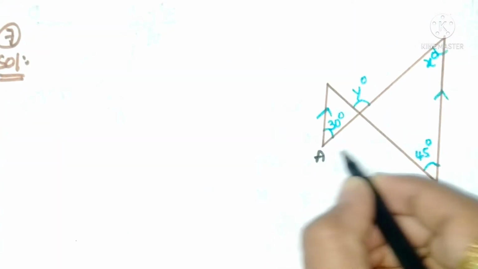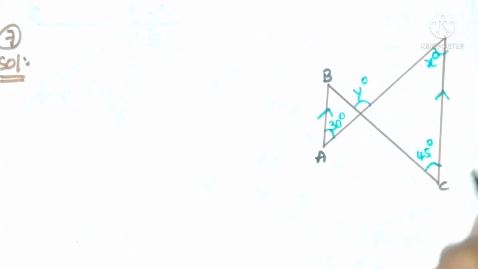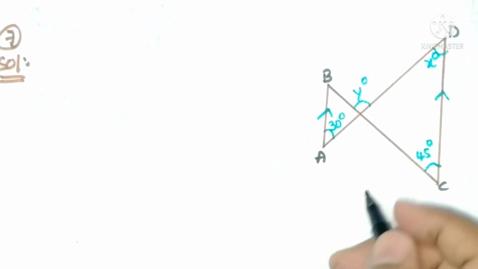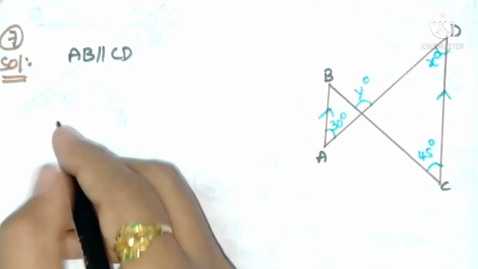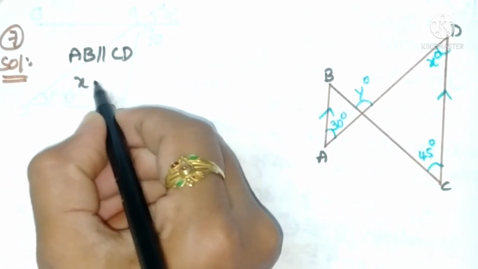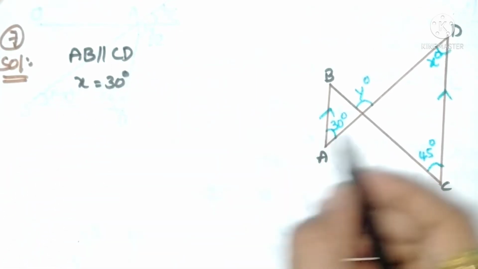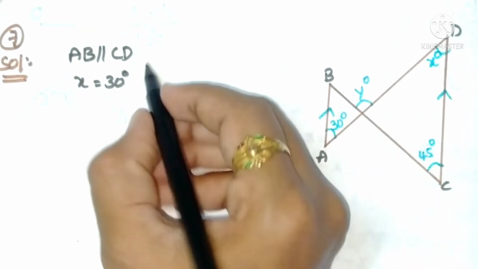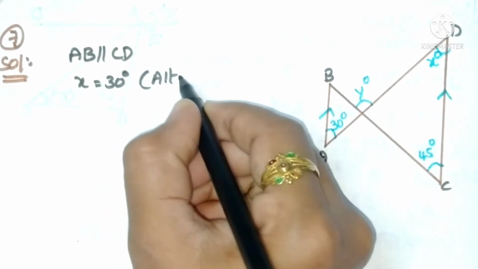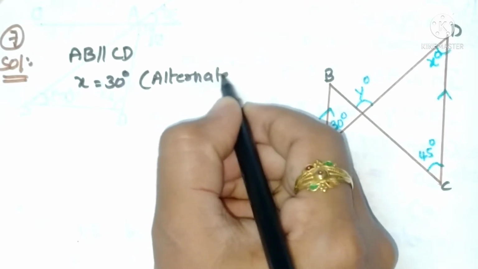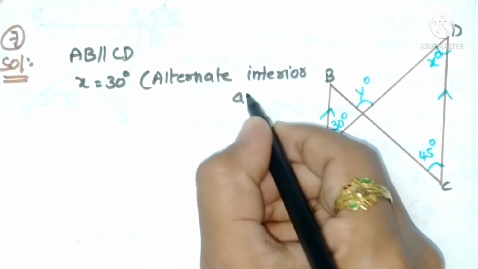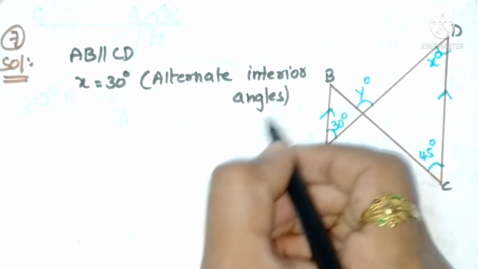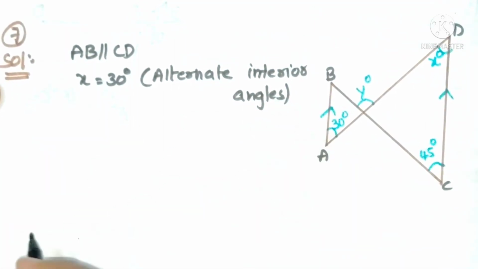If we give names, no problem, even without giving the names we can write. So AB parallel to CD. So x equals 30 degrees. This BC is the transversal, so the reason is alternate interior angles. So x equals 30.